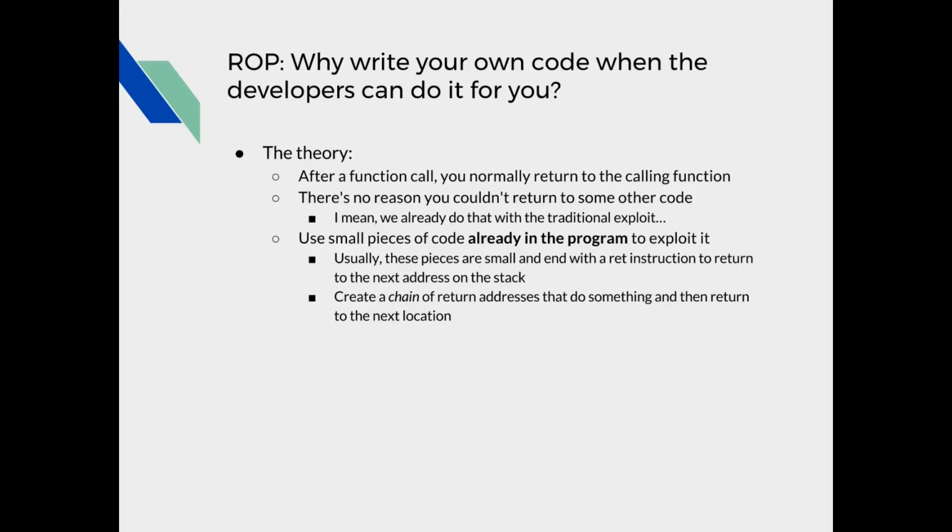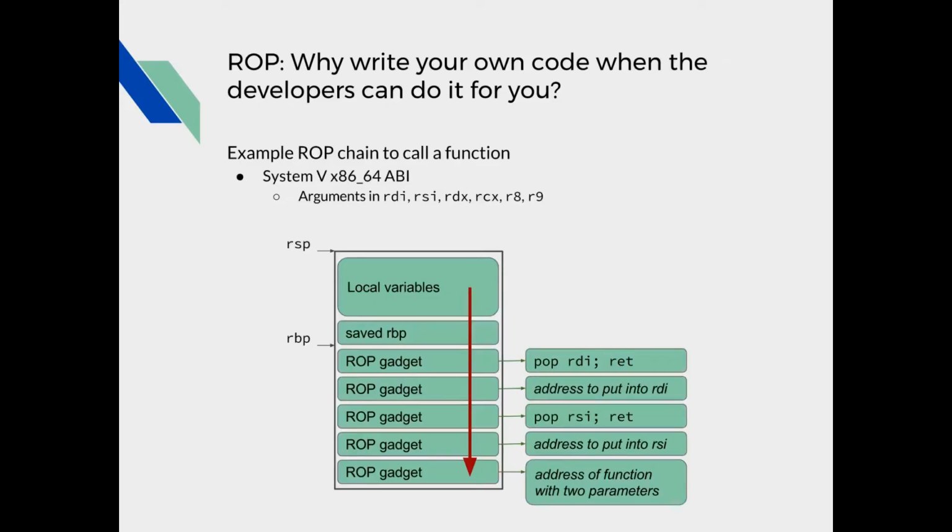And there are tools to look for those. So here's an example. A couple of technical details: on Linux, 64-bit, if you've ever looked at assembly, you put your arguments to your function calls in order in those registers, which are little temporary workspaces in the processor, and then you can call the function.